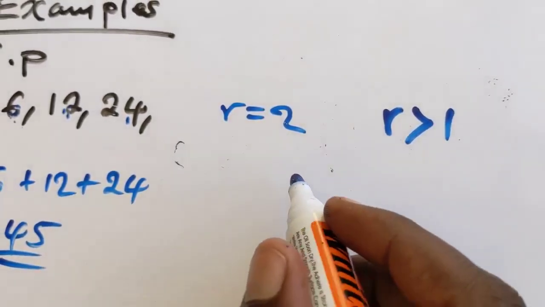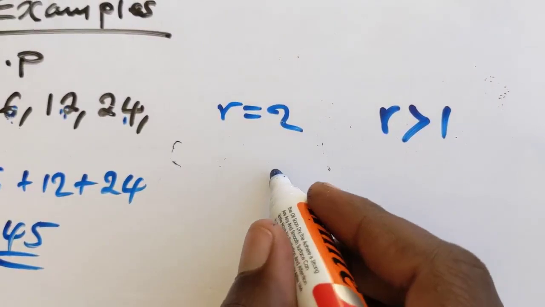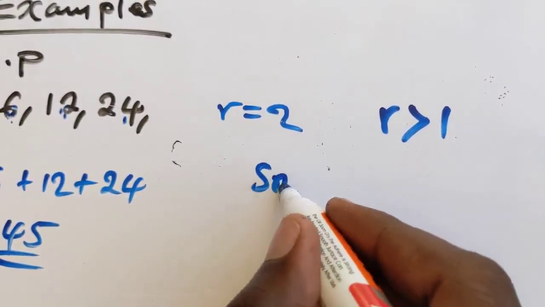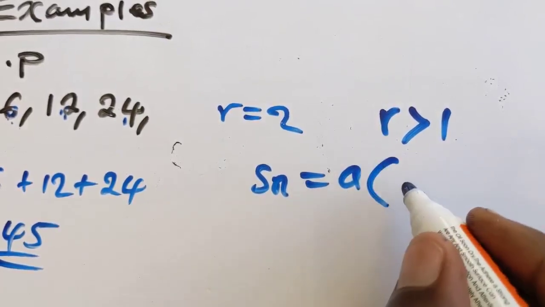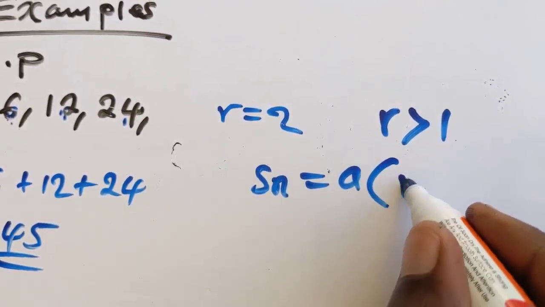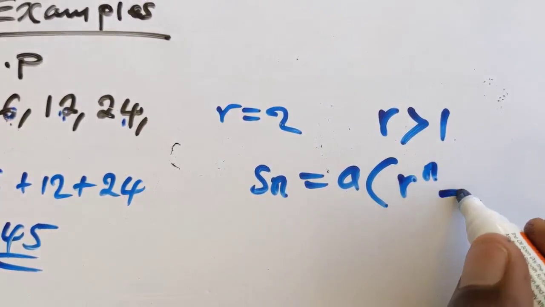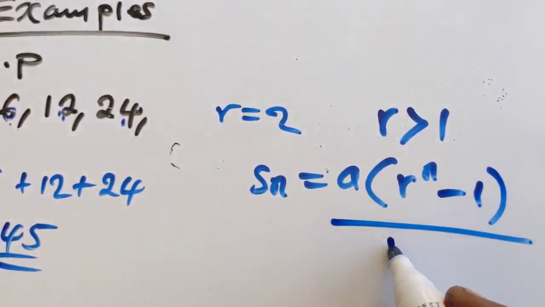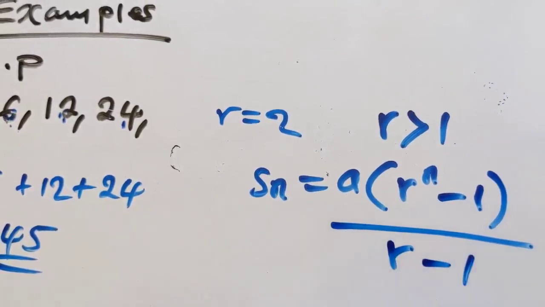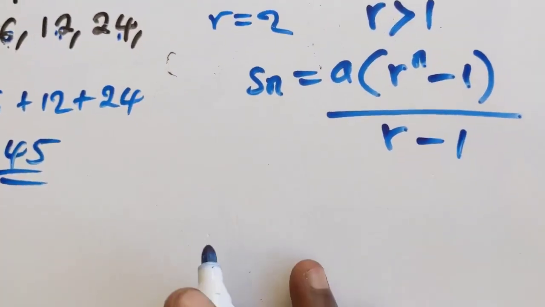So when it is greater than 1, you use this formula: sum of the nth term is equal to a, open bracket, r to the power n minus 1, then you divide by r minus 1.